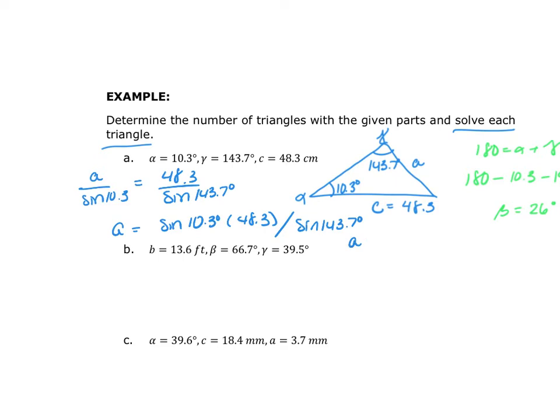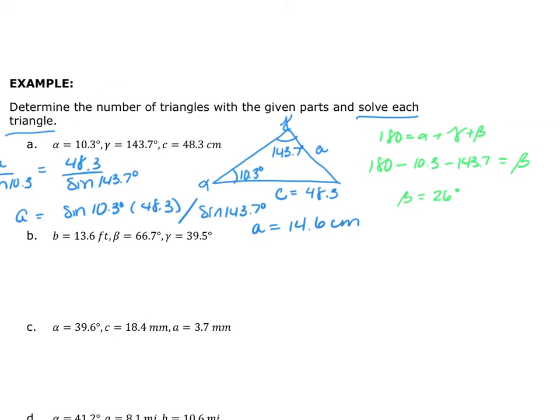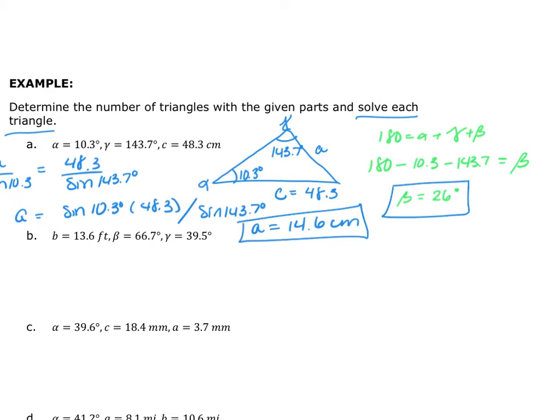And I end up with A being approximately, let's round to the same number of decimal places, so we'll round to one decimal place, 14.6 centimeters. So I've found my beta, I have found my A.